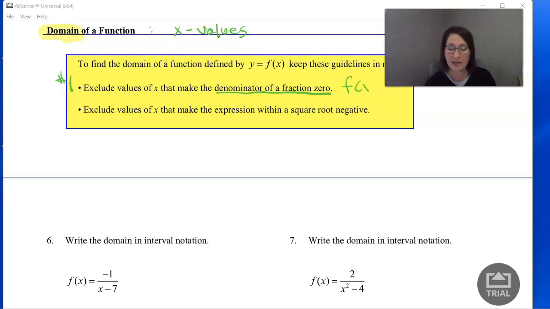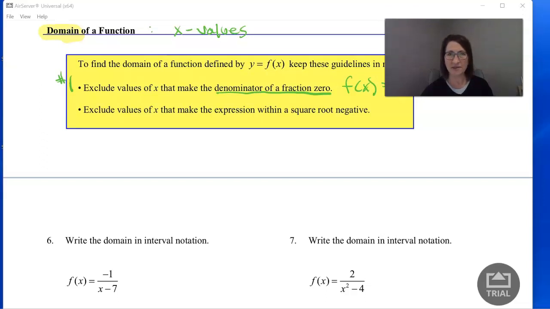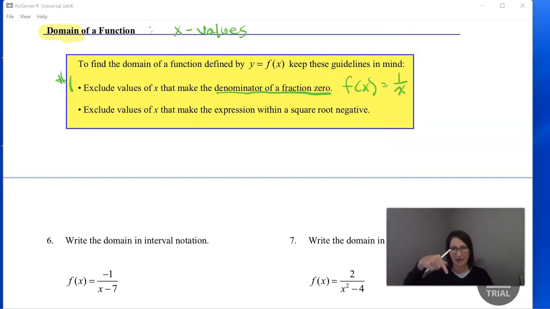So that would be when I might have something like this, where my x value is going to be in the denominator, and if I substitute a 0 in for that x value, I would get an error, okay? I can't define my y when my denominator is a 0 in a fraction.